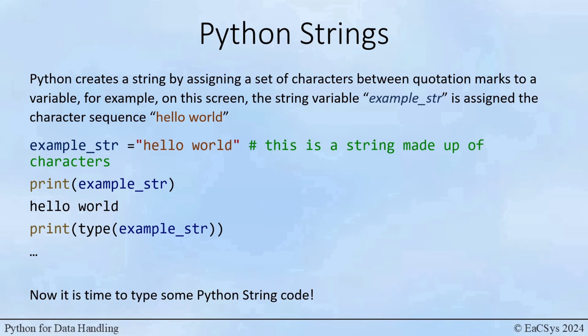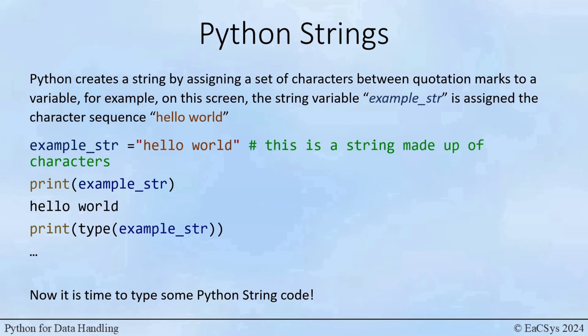When this line of code is run, the string is created. And this string and all Python strings are considered to be an iterable array. This means that we can address the string's individual characters as if the string was a Python list or tuple. We will demonstrate this Python string feature later in this video. Before we start to type code, we will also say that the object type of a string can be checked with the print type string object function.